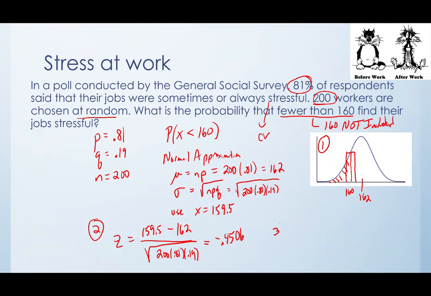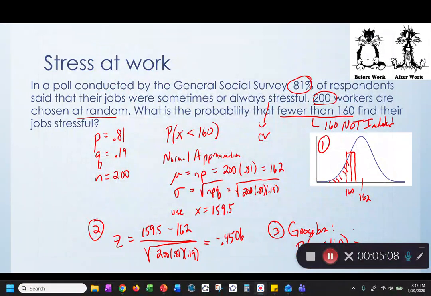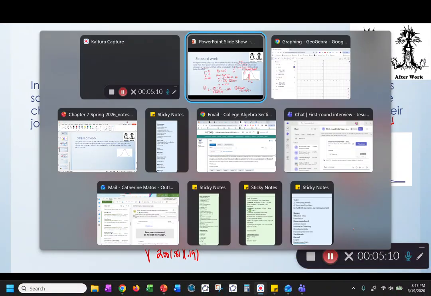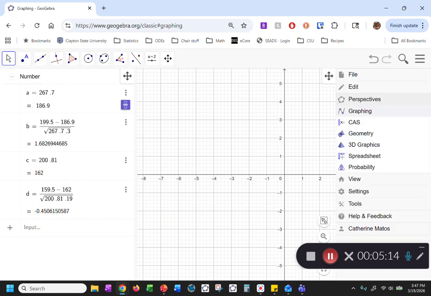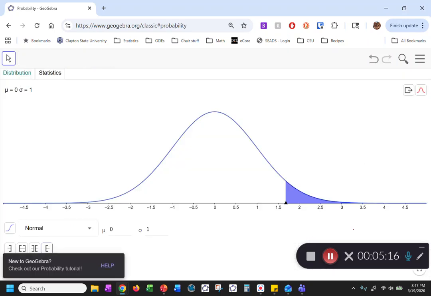So we're going to go to GeoGebra and find that probability of x less than 160. All right, so negative 0.4506 for our z-score. Normal distribution, we're looking at the less than side.